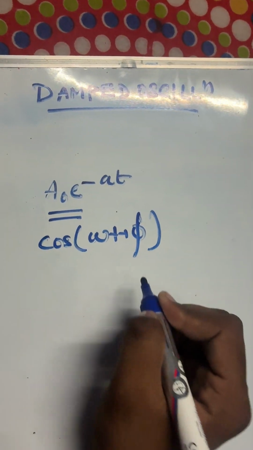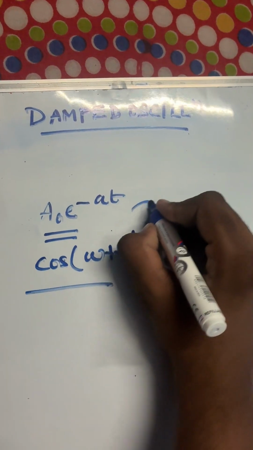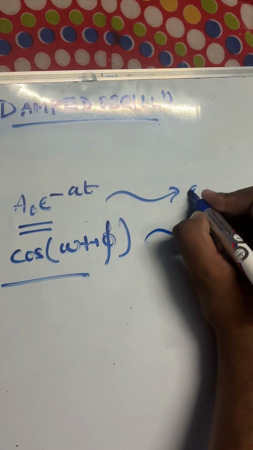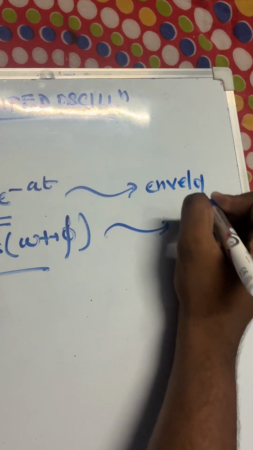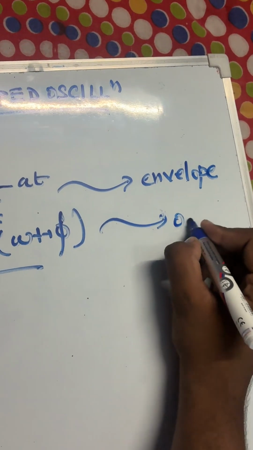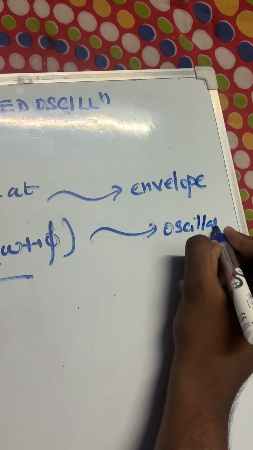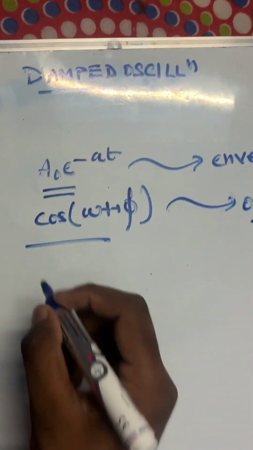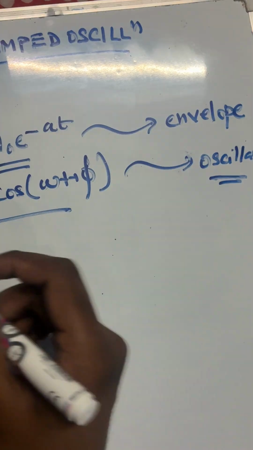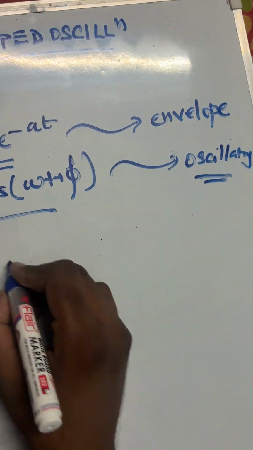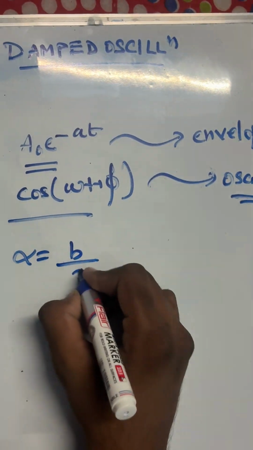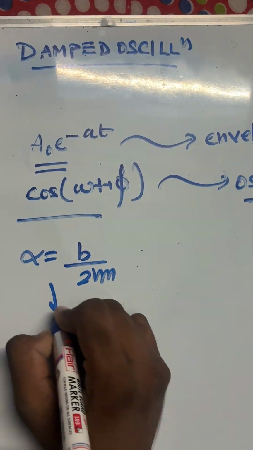This is the envelope, this is the oscillating curve. So here alpha equals b by 2m, the damping factor. This is the solution.